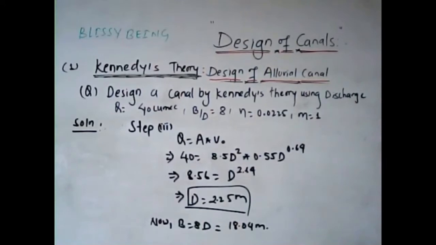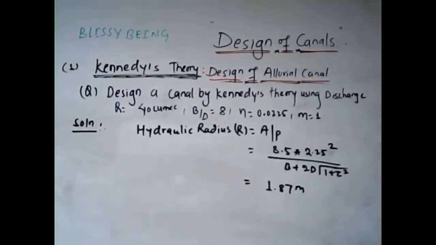We have determined the cross-sectional area and the critical velocity V naught, so we apply the continuity equation, substitute the values, and easily obtain the depth of the canal as 2.25 meters. Substituting this value of D in B by D equals 8, you obtain the bed width of the canal as 18.04 meters.